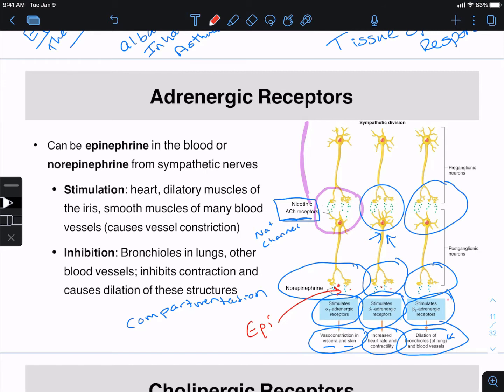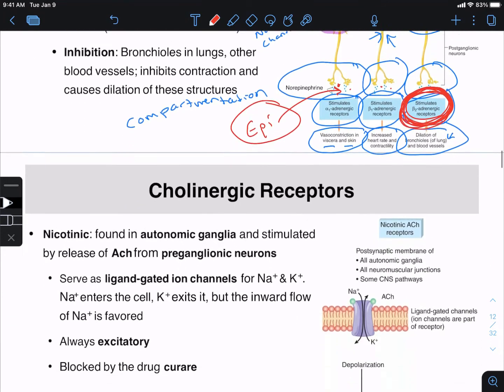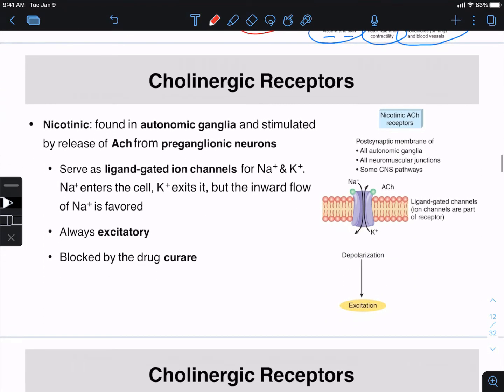And remember that epinephrine has a much higher potency at that beta-2 receptor, which is life-saving, can be life-saving.